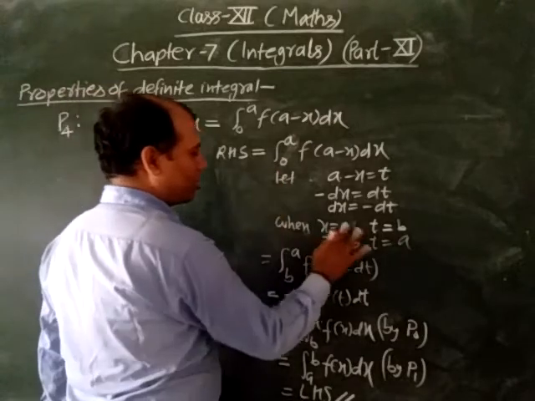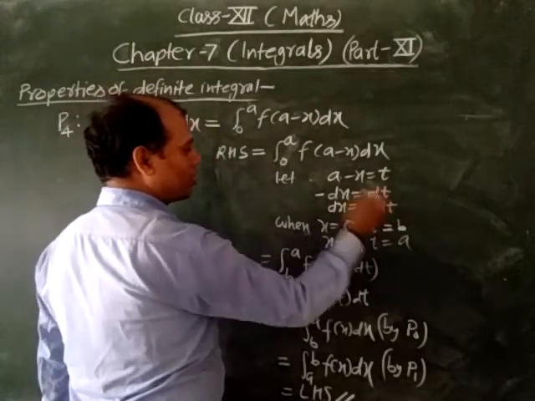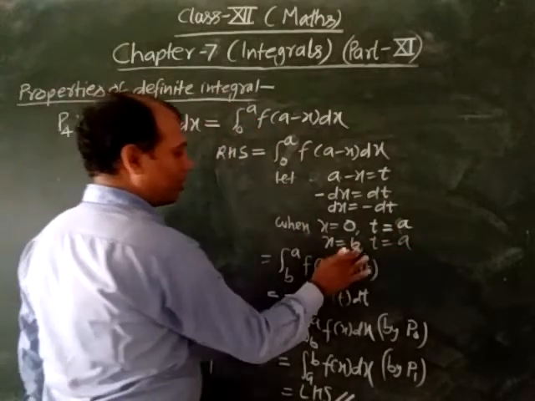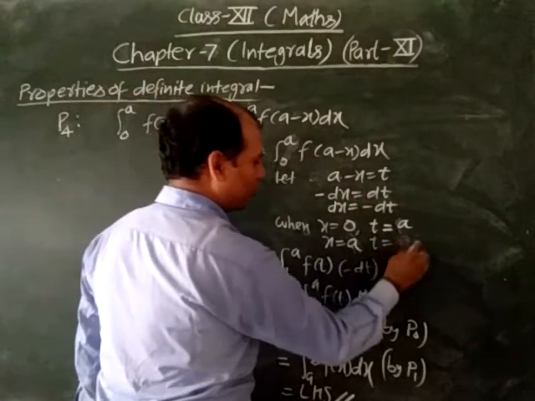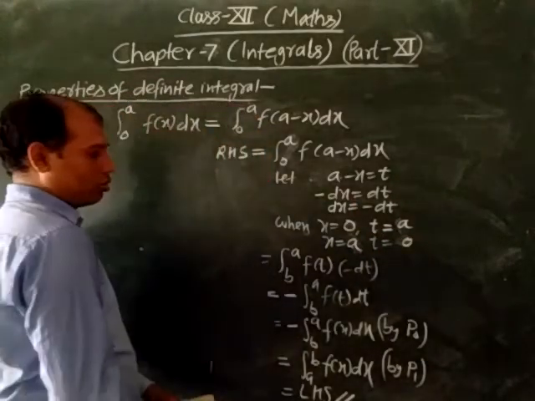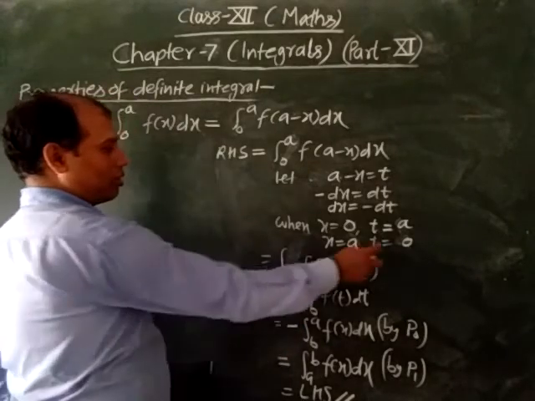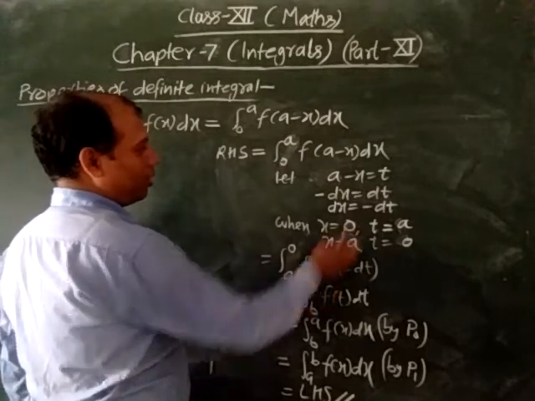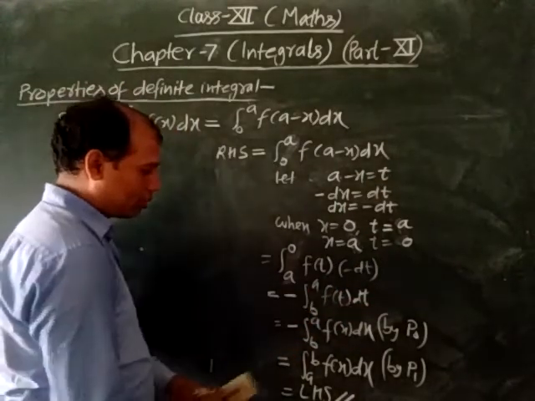Now when x equal to 0, the value of t is a, and when x equal to a, the value of t becomes 0. So we can write here as a to 0, and f(t) dx is written as minus dt.